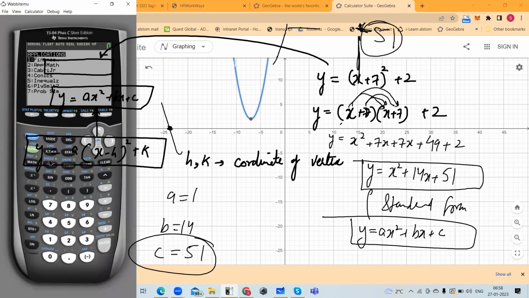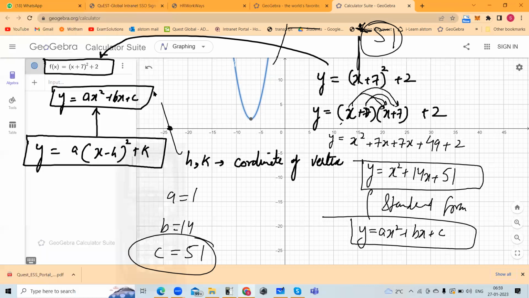You're having an apps, and then you're having PLYSMLT2, and then you can go to the polynomial root finder, and then you can go enter and plug in the A, B, and C. A is 1, B is 14, C is 51. When you try to solve it, you'll not be getting any real roots. No real roots found because it's not touching the x-axis.